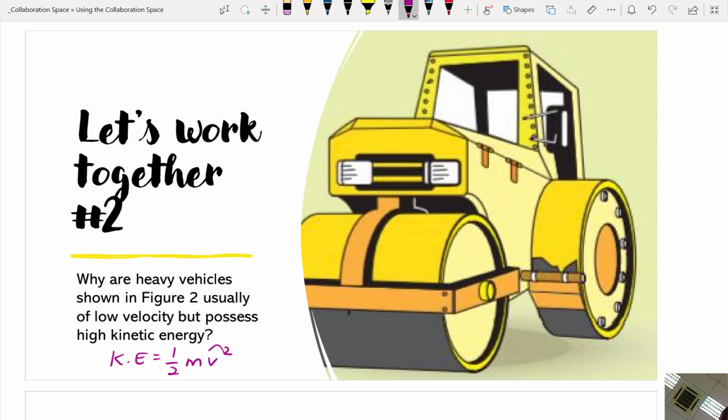So although the velocity is very low, however the mass is very big, therefore the mass is very high, hence the kinetic energy will be high. It's because of the very large mass.